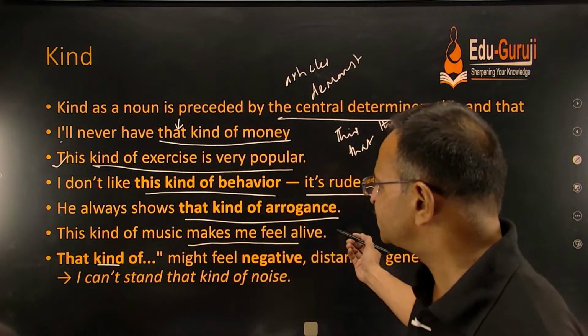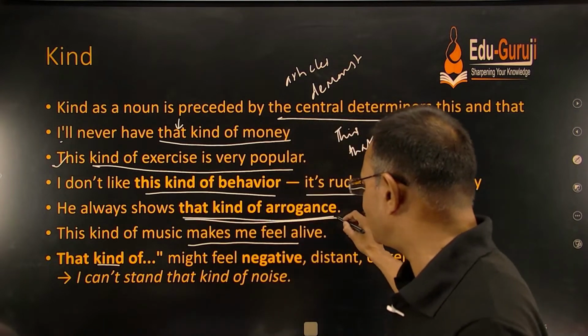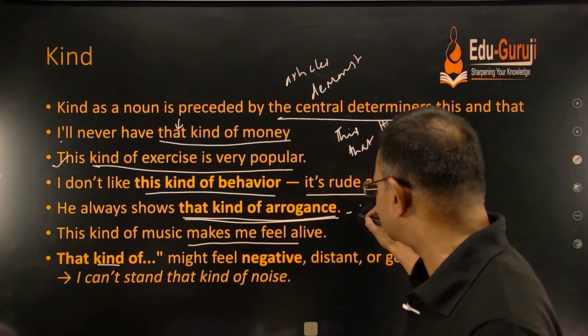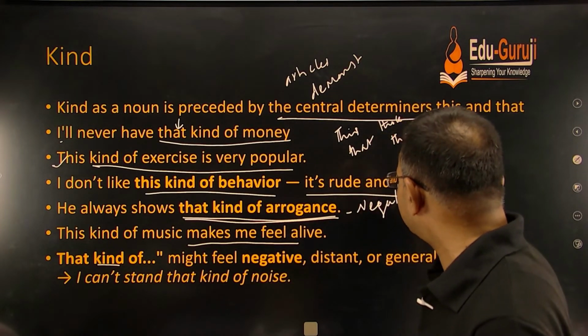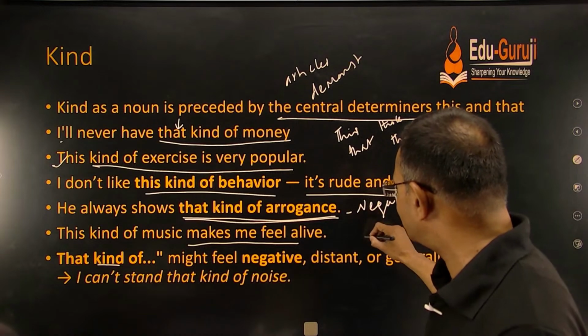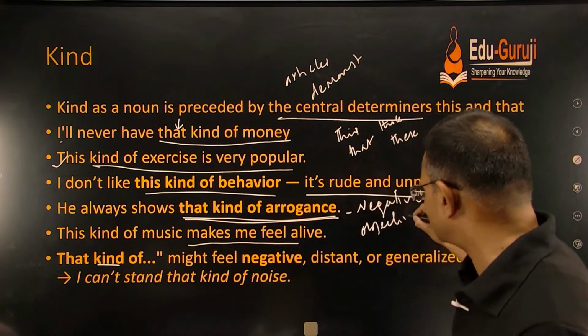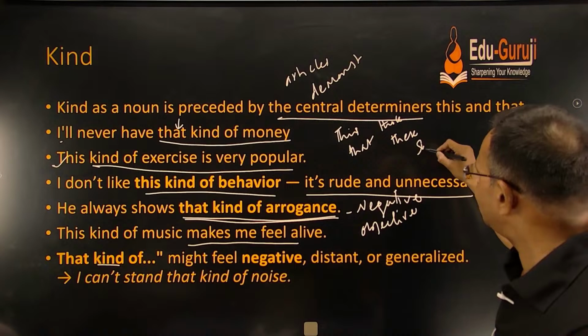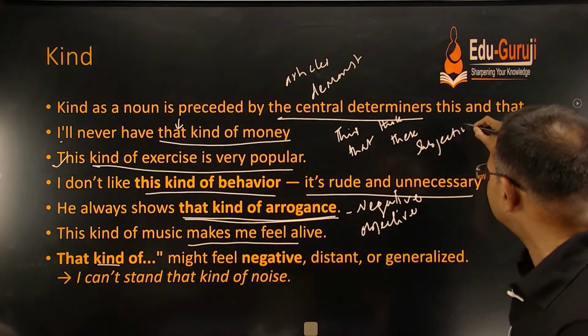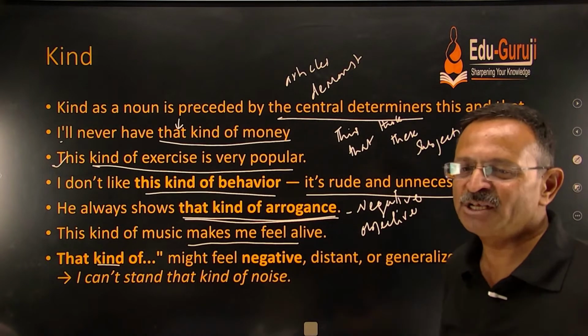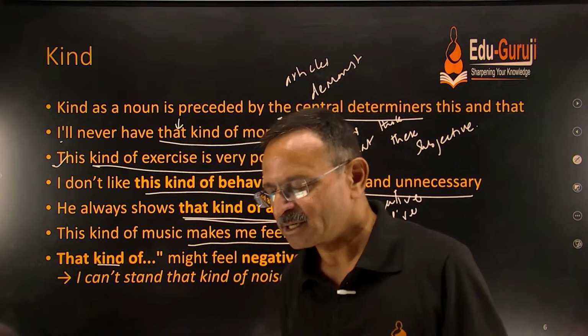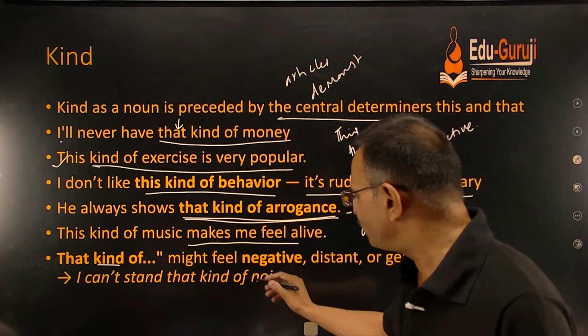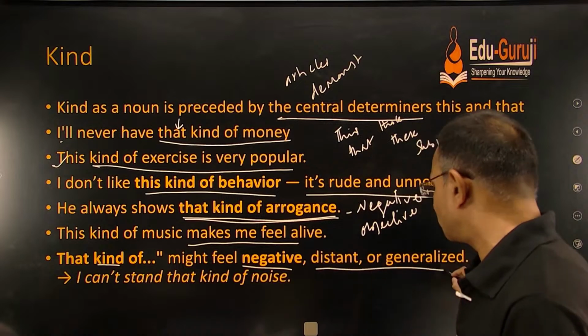So that's what I'm saying here, that kind of arrogance. So it is more or less negative in nature, or sometimes it is also used in the objective sense, and this is used mostly in the subjective sense. That means more or less in a personal sense. So that kind of might feel negative, distant or generalized.